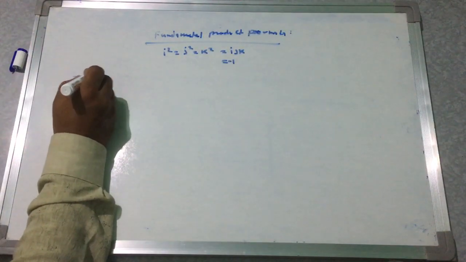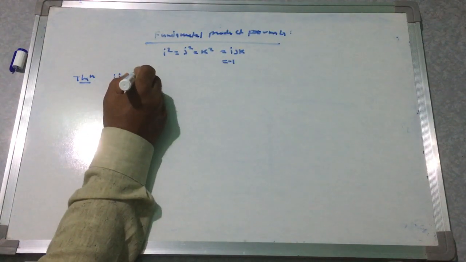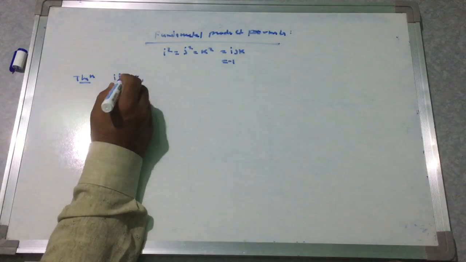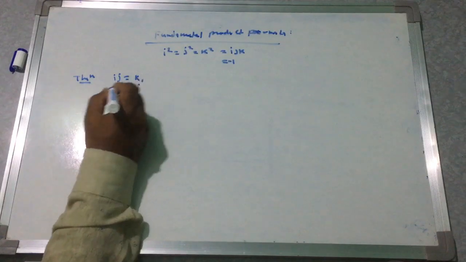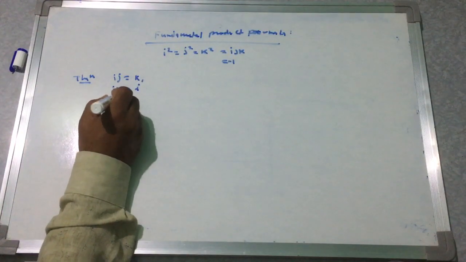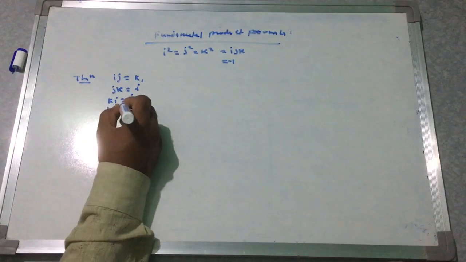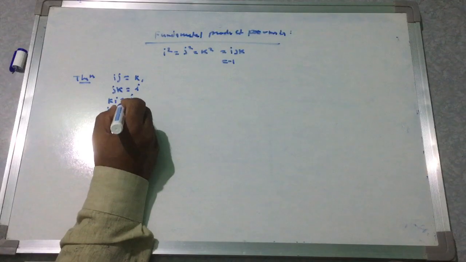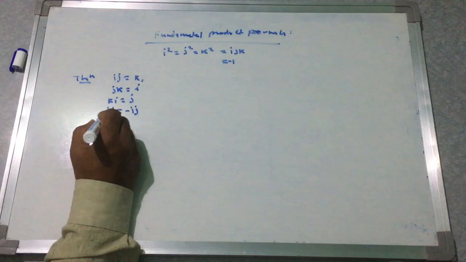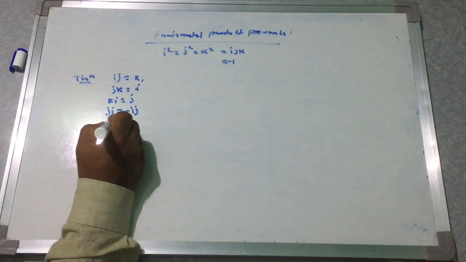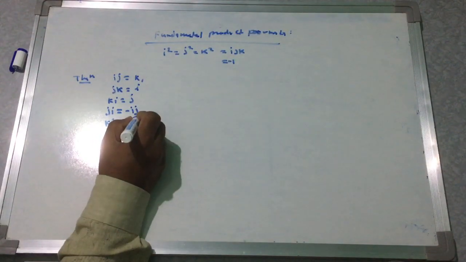So we have this theorem. IJ is equal to K. JK is equal to I. Then KI is equal to J. JI is equal to minus IJ. KJ is equal to minus JK.